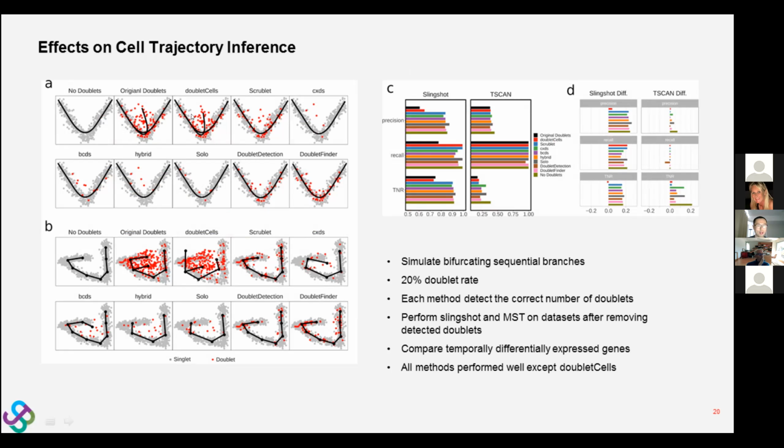Only one method failed to remove the branch. And then we also conduct a temporally differentially expressed gene analysis, and find that methods have similar performance except doublet cells. So this method didn't perform very well in this benchmark.